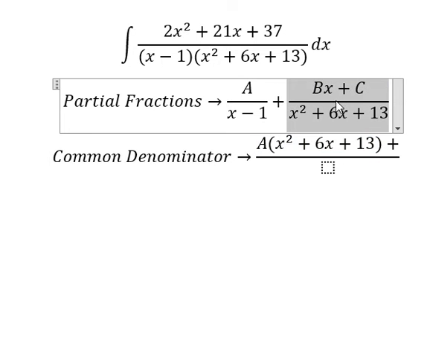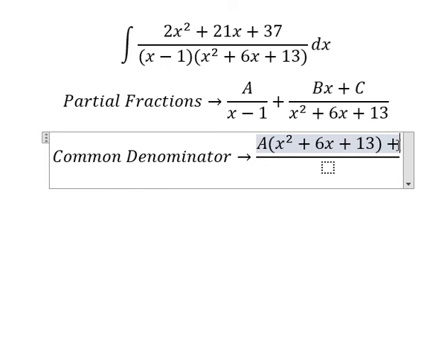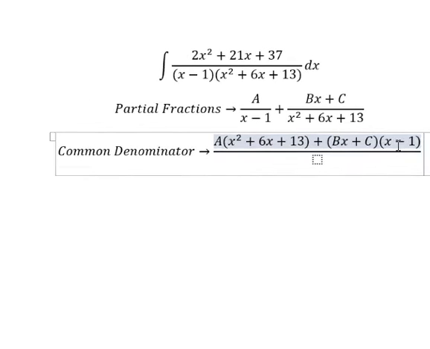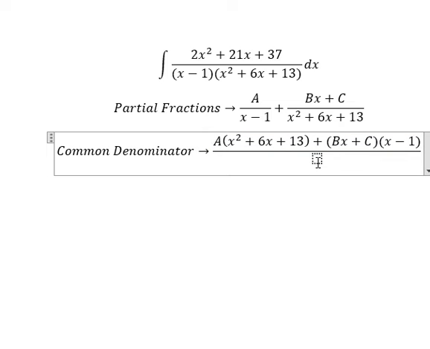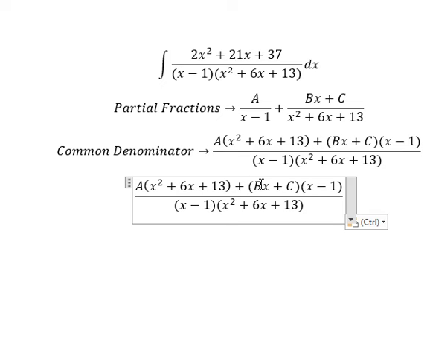And this one is missing s minus 1, so this one multiplied by this one. Now, we need to expand this one.